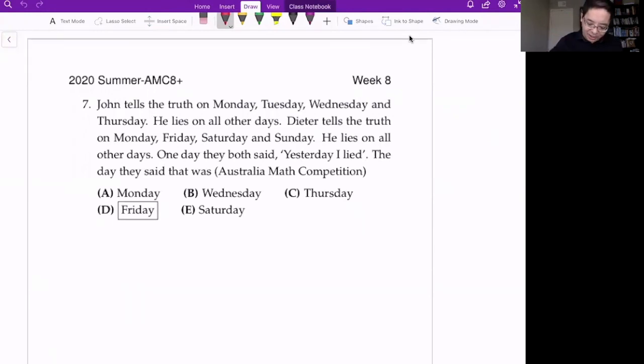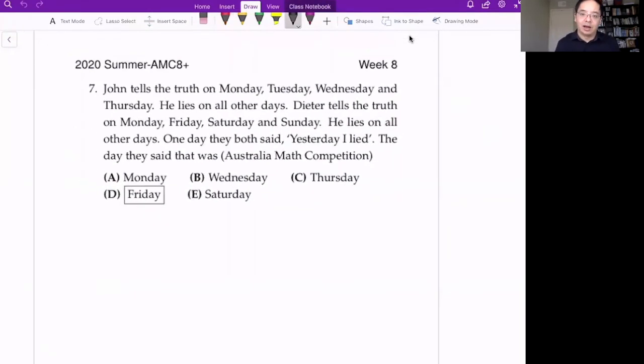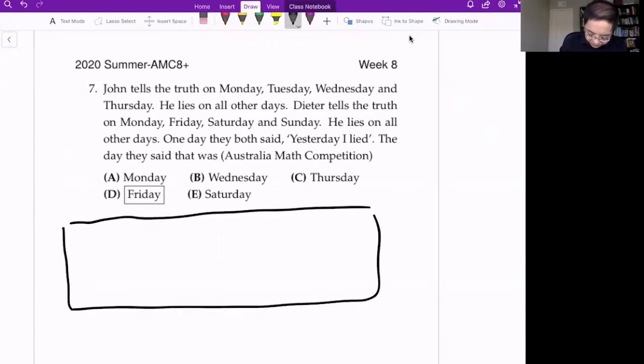All right, so for this kind of problem, a very helpful approach is to draw a picture, draw a table, just to mark on which days each of them lies or tells the truth.